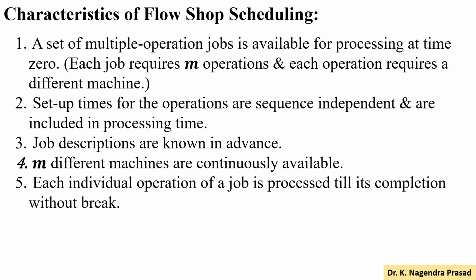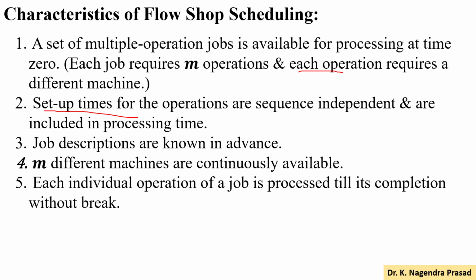First one is a set of multiple operation jobs is available for processing at time 0, which means each job requires m operations and each operation requires a different machine. Next one is setup times for the operations are sequence independent and are included in processing time.